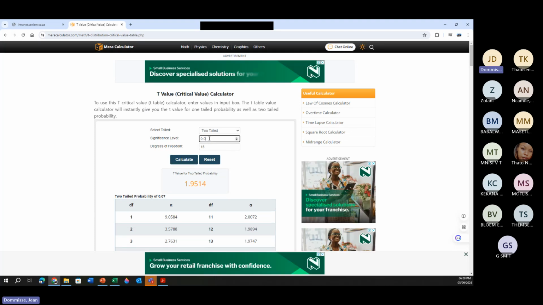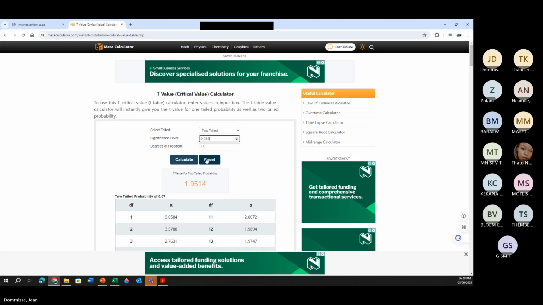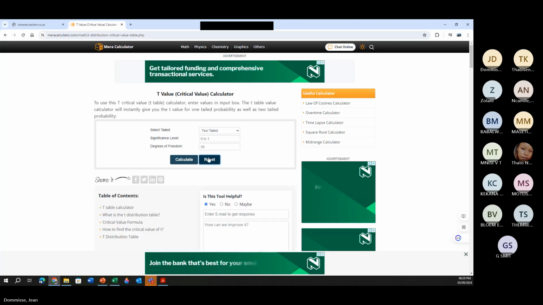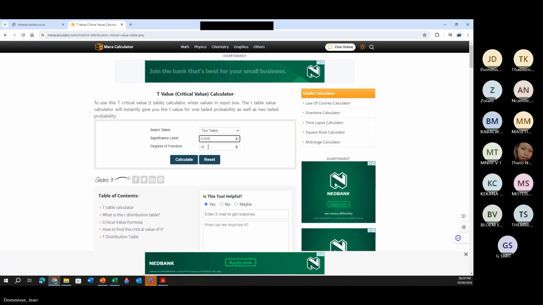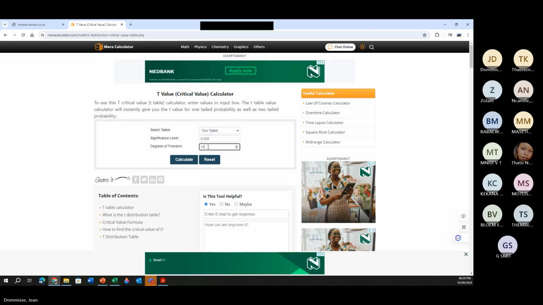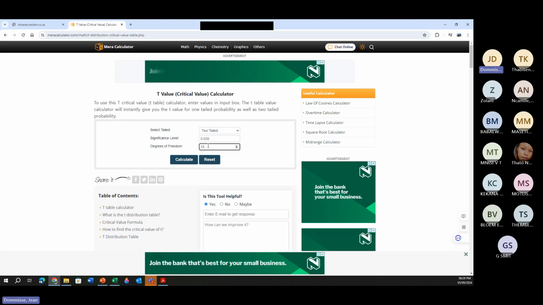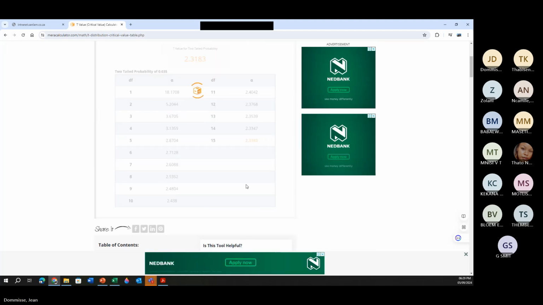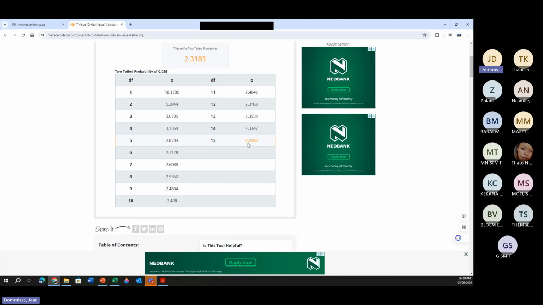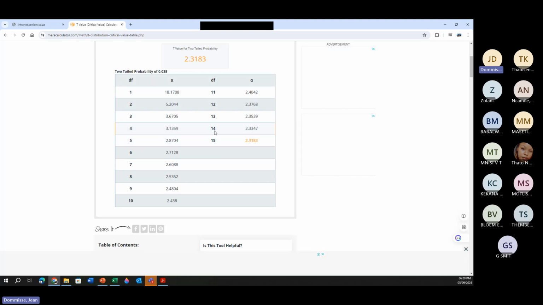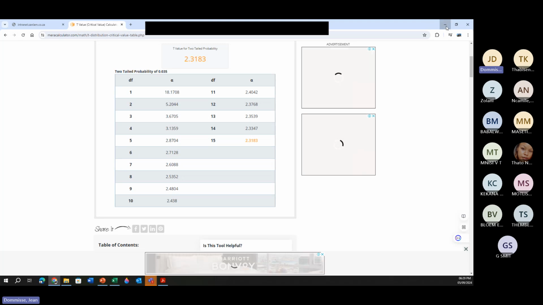That was 0.035, 50. Oh, how many times am I gonna press reset instead of calculate? Okay, it becomes bigger. Okay, so that is quite interesting. So we're not getting it with a t value.